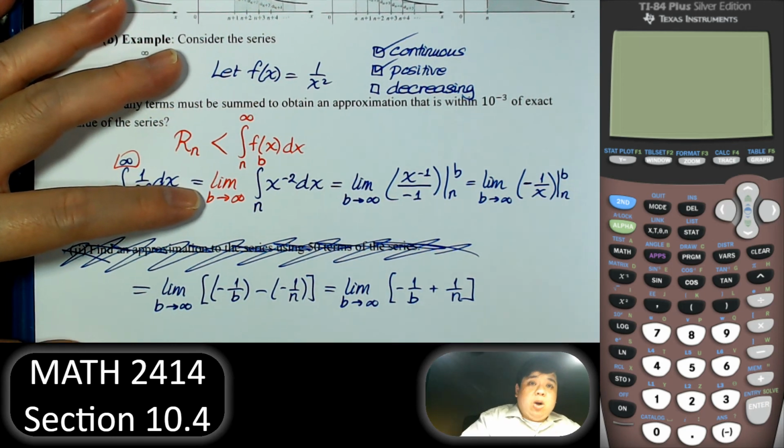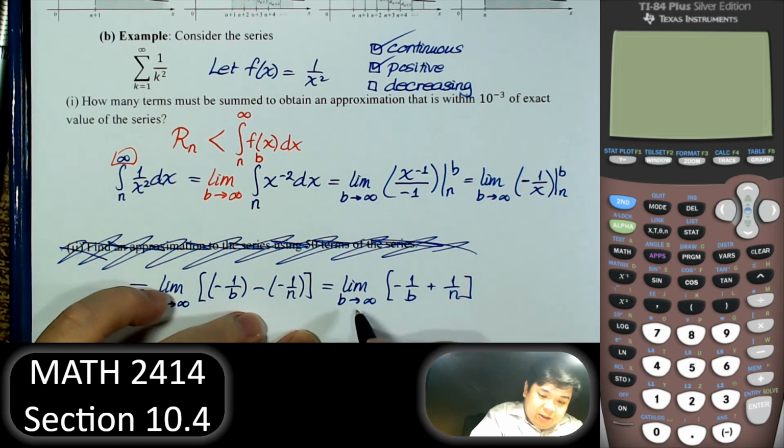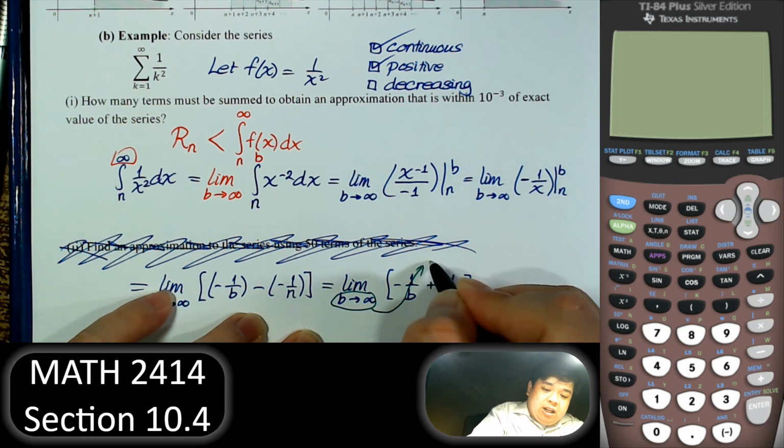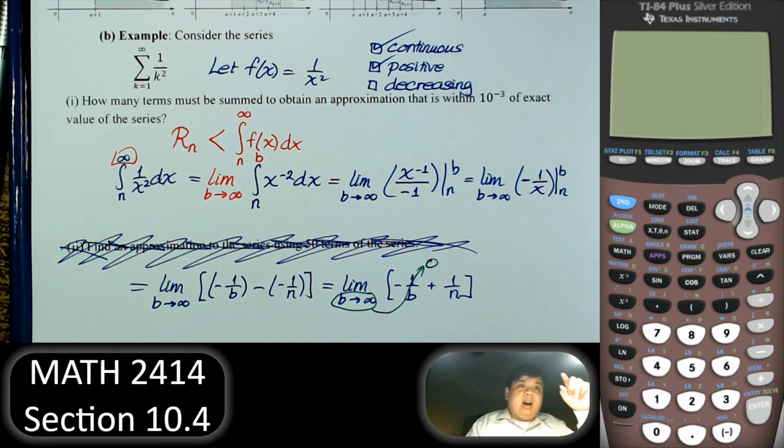Now when b goes to infinity, put in here, that goes to 0. Finite divided by infinity is 0. So we have just 1 over n.